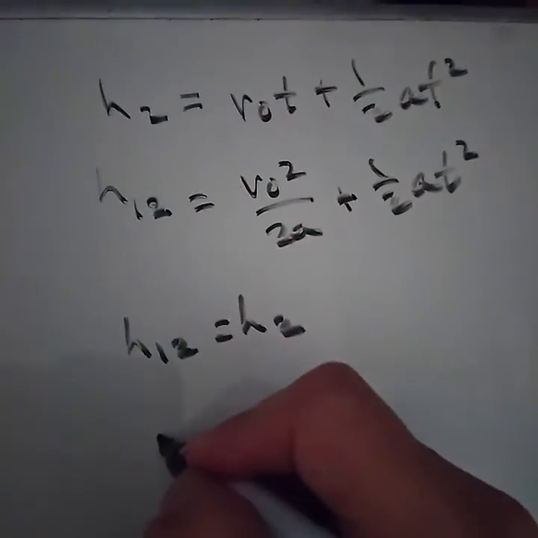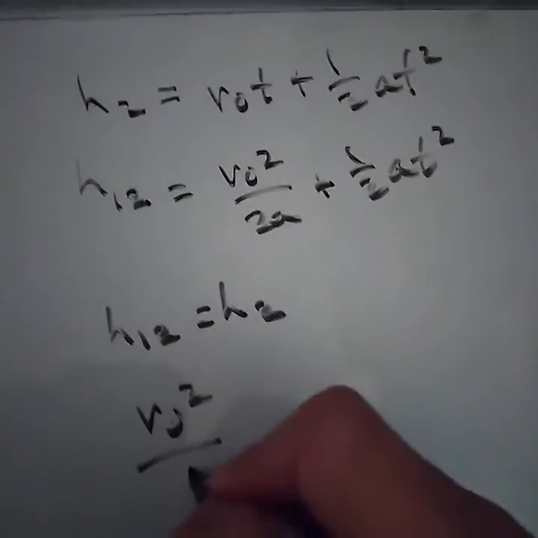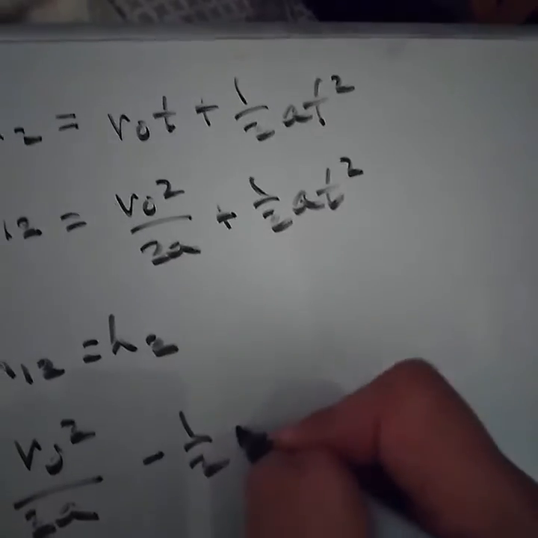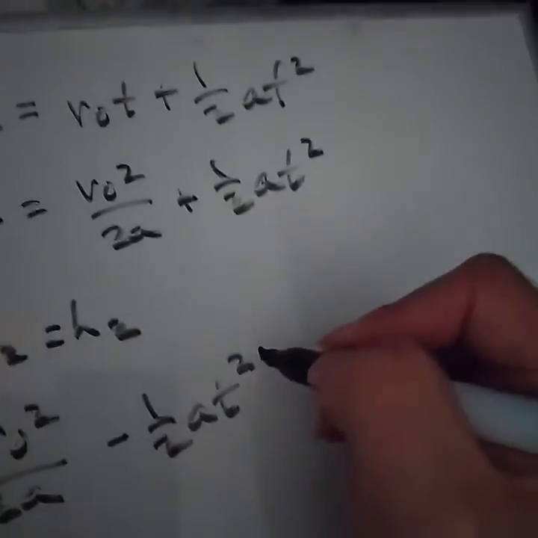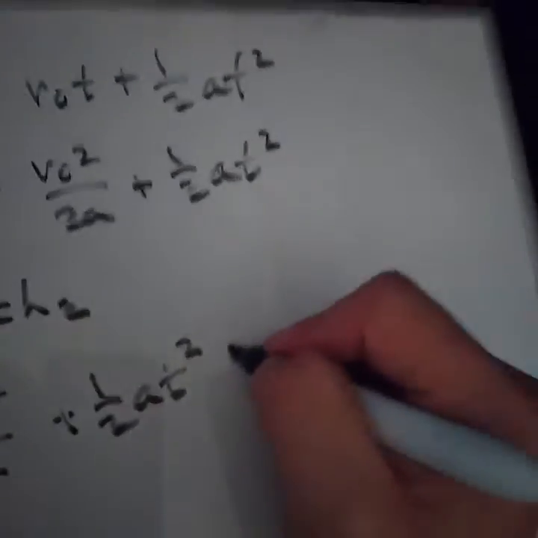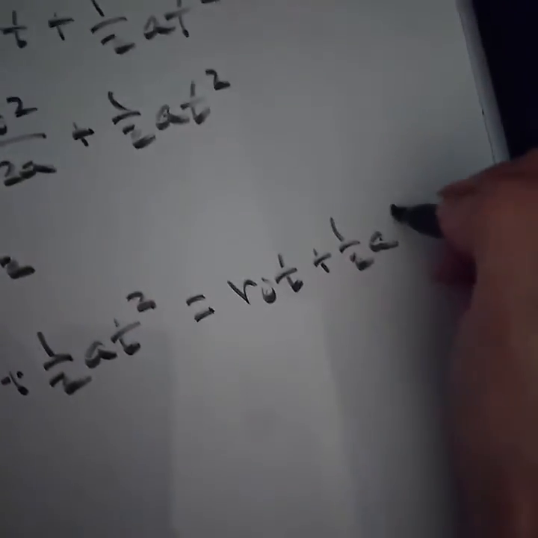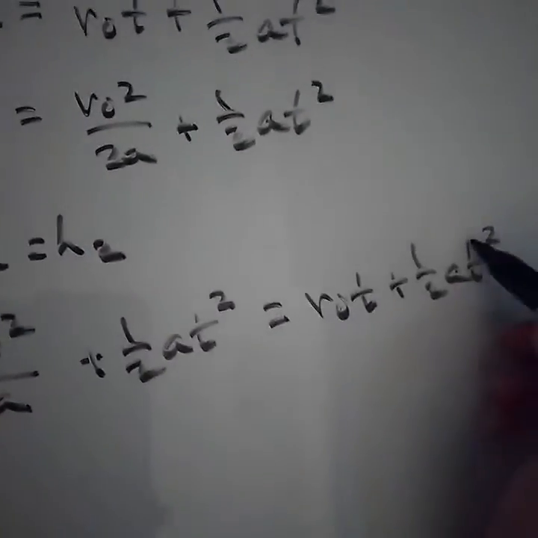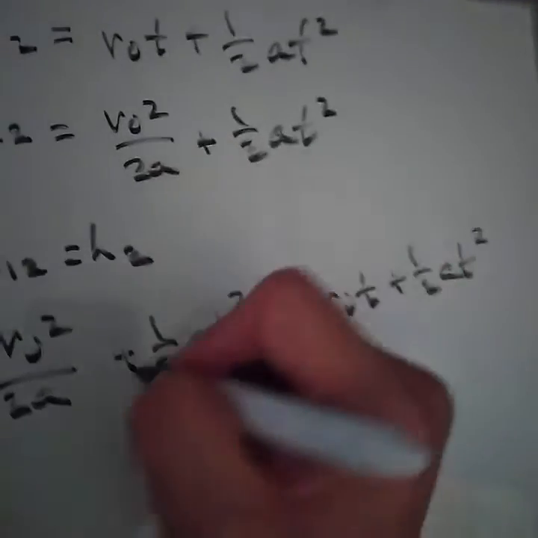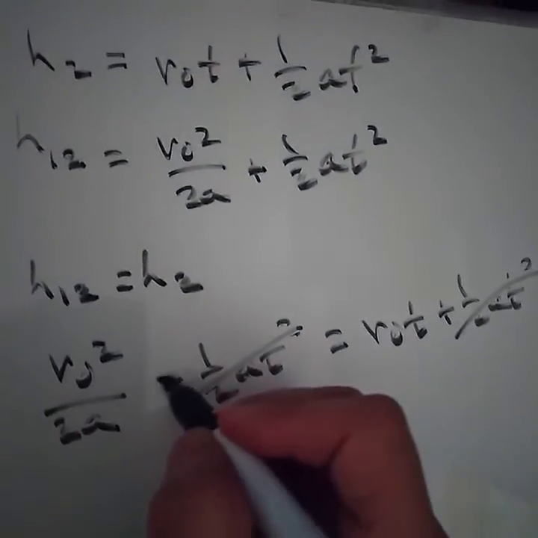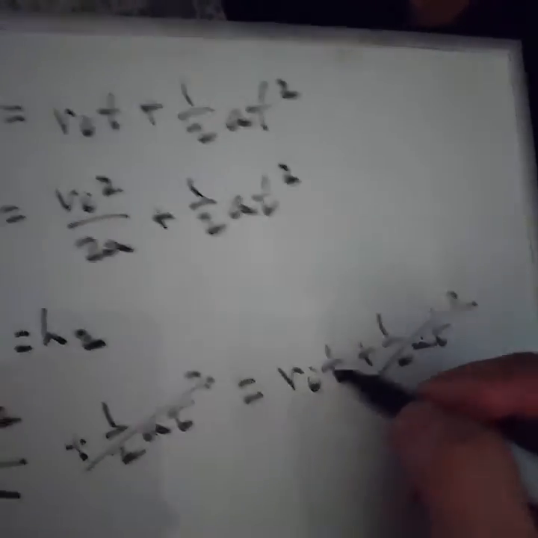That means we have VO squared over 2A, and minus 1/2 AT squared. You know what, we'll just do plus, it's going to cancel out anyway, equals VOT plus 1/2 AT squared. So we minus half AT squared from both sides. Even if we take in A is negative, that would just be minus on this side and minus on the other, so we'd add half AT squared and it still cancels.